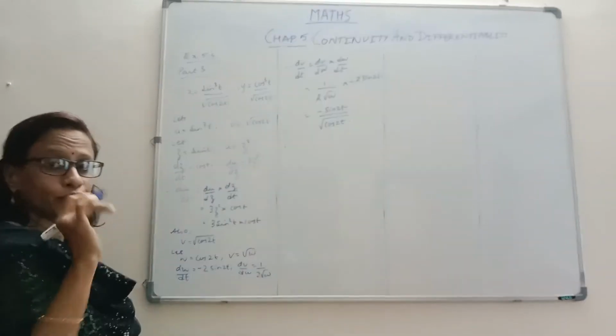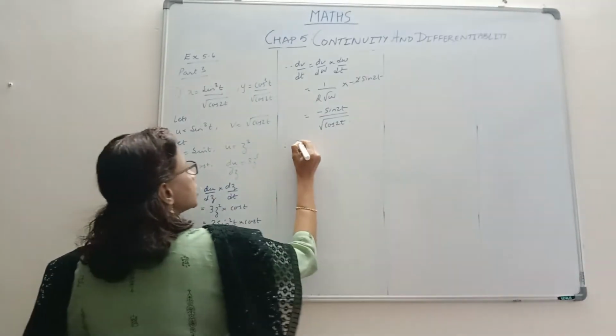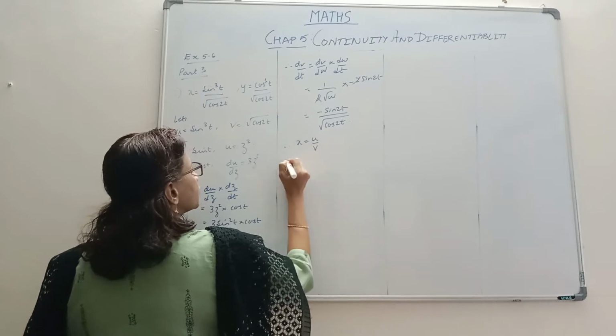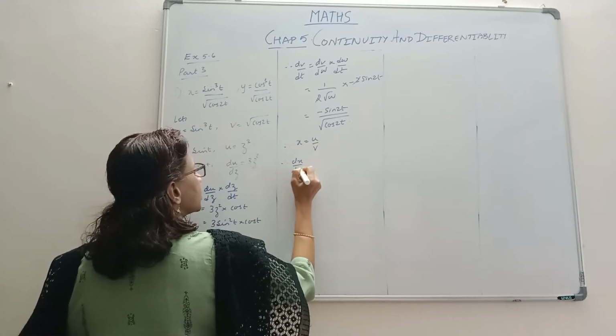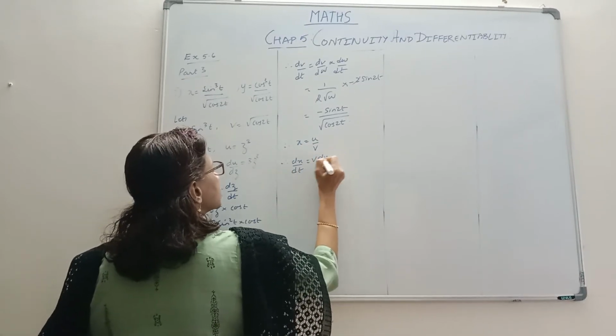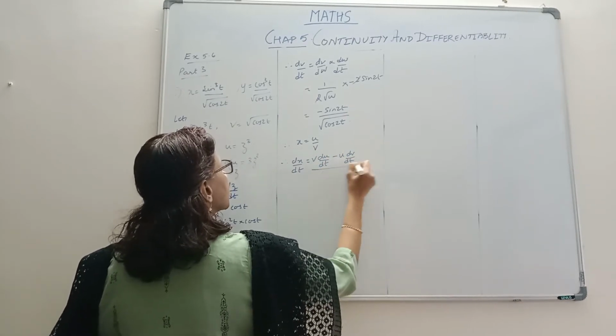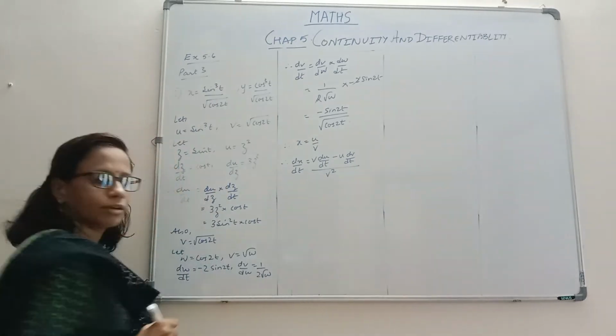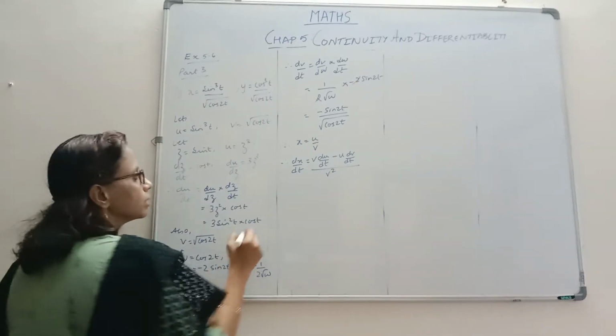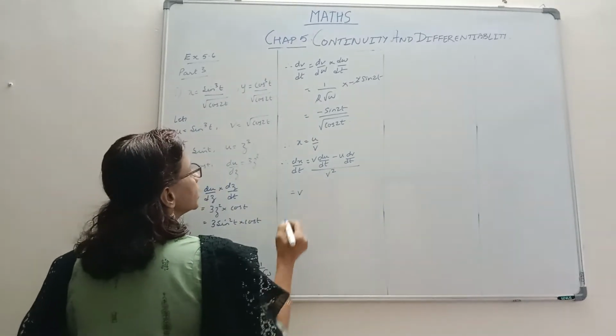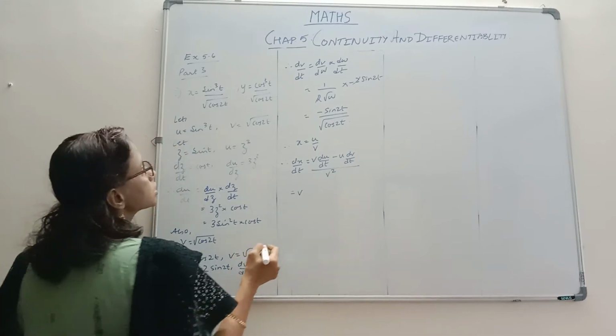x is a quotient of u and v, so x is equal to u by v. Therefore dx by dt will become v times du by dt minus u times dv by dt, all by v squared. So let's get them. v times du by dt is for us what?